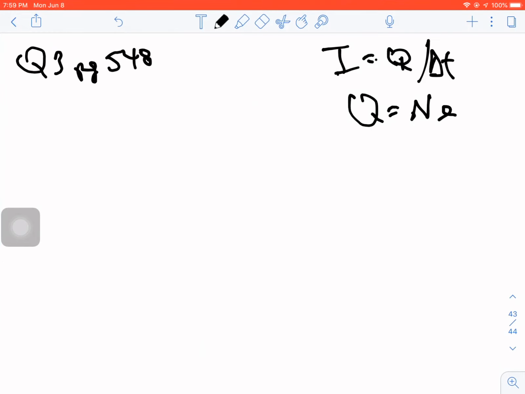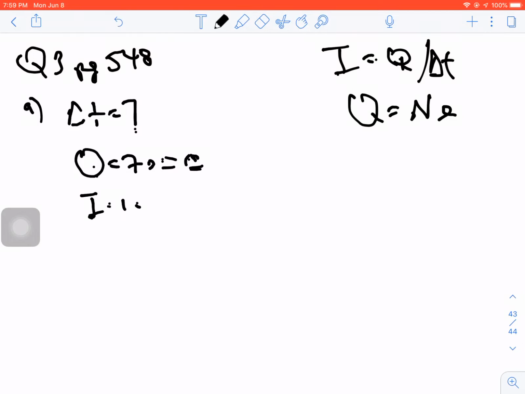So my unknown, this is part A, is time. We're told that we have 700 coulombs, which is the quantity of charge, and we are told that the current is 10 amps. Alright, so there's our Q and our I.